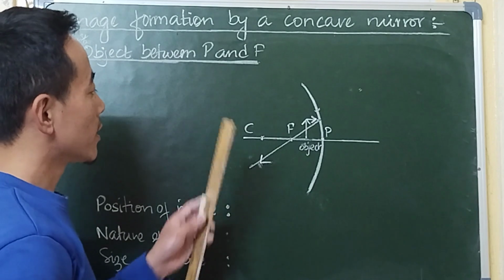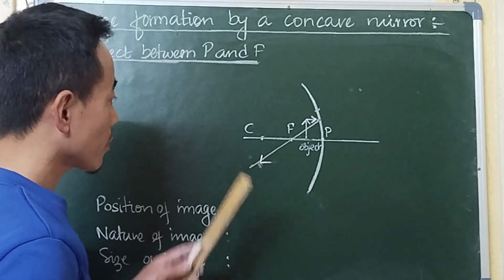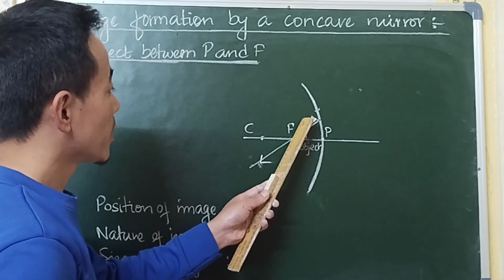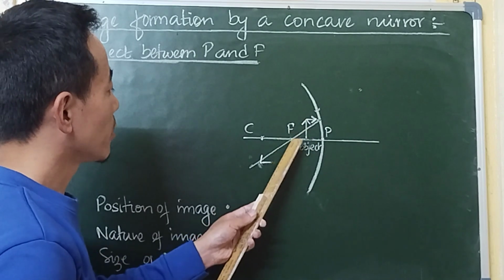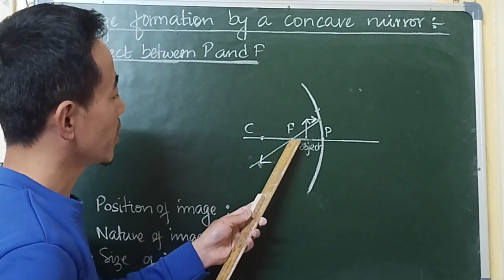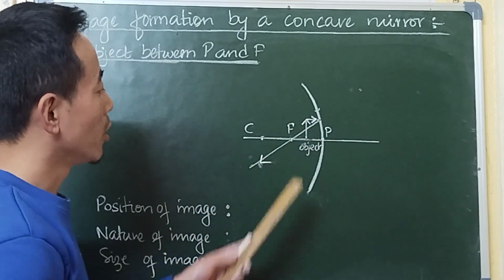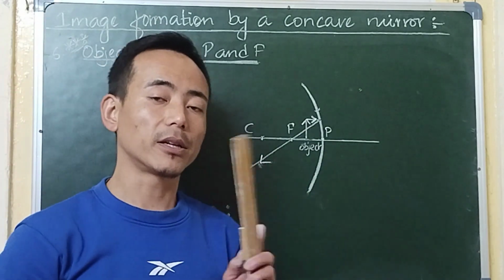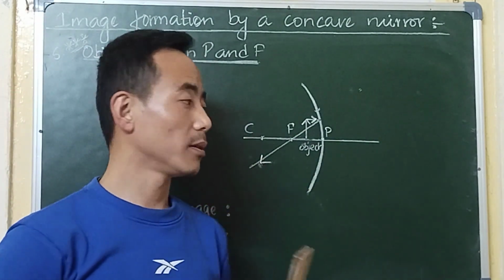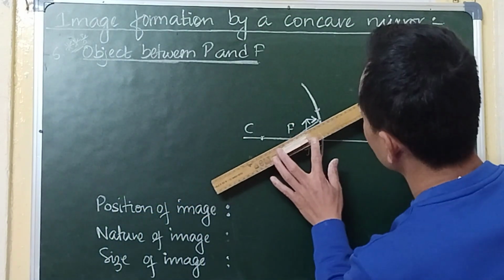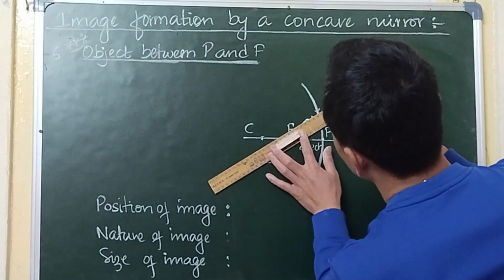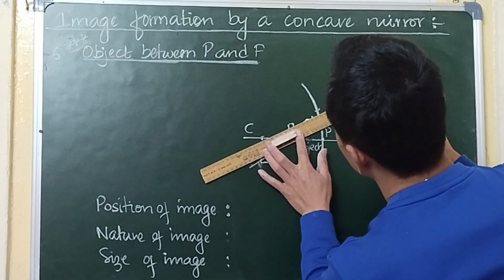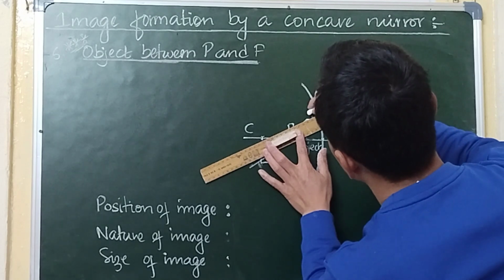Now we need the second incident ray, but for the second incident ray we cannot take it passing through the focus because the object is between the focus and the pole. So here we will use the third rule, which says that if the incident ray is passing through the center of curvature, it will retrace the path. So here we will draw the incident ray in such a way that after reflection it will retrace the path.